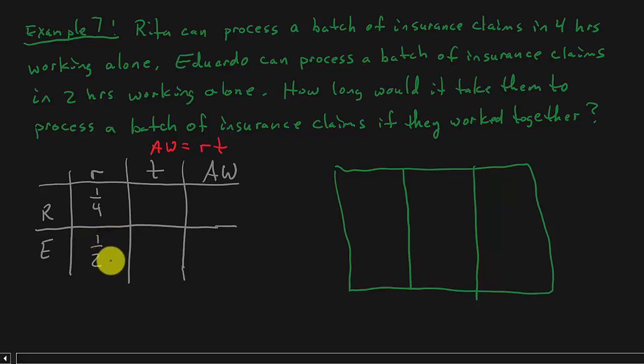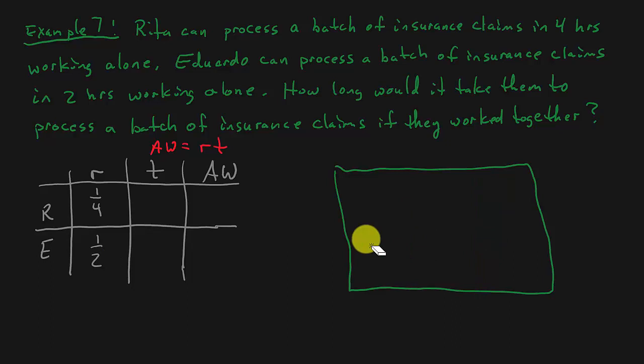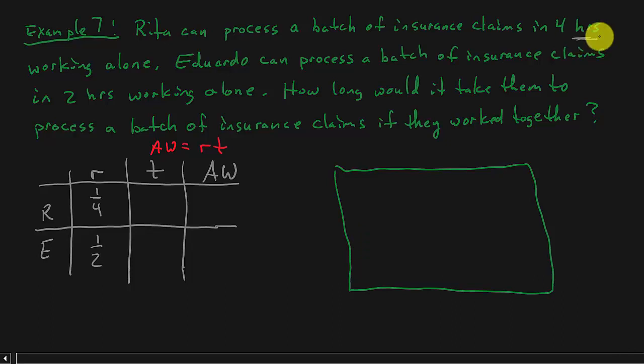Well, that's 1/2. So hopefully you understand about the rate. It's how much of the job you are getting done per hour, or per minute, or per day, or per week. In this case, they're talking about hours.